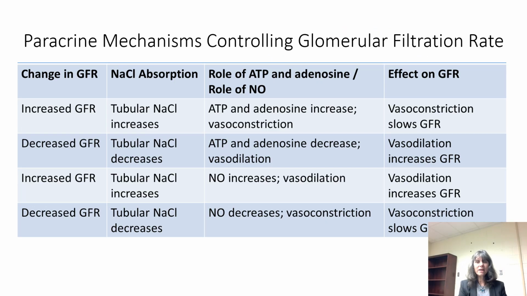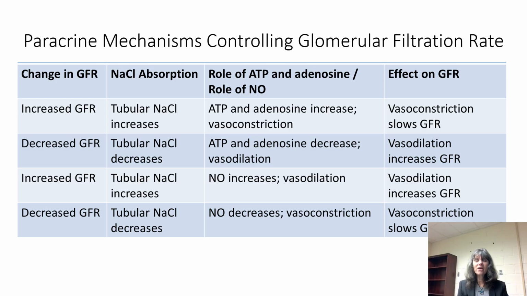When we look at paracrine mechanisms that control the rate of the blood flow through the glomerulus, we've got three chemicals that are involved. Adenosine triphosphate, which is not just energy, can also act as a paracrine hormone, adenosine and nitric oxide.